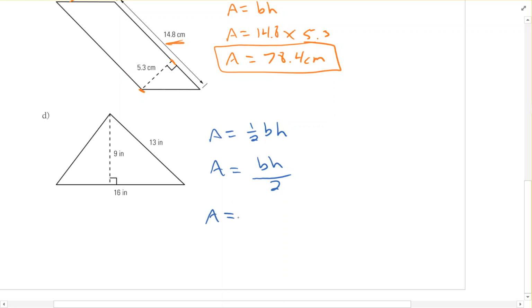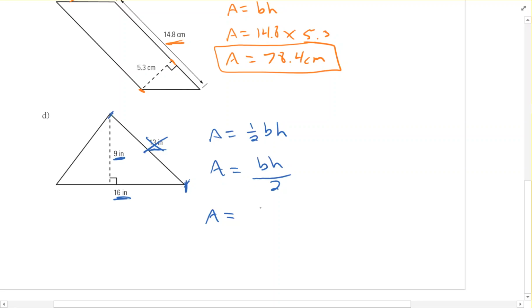Okay, so let's go area is equal to. Now the base of this one is going to be here, right? And the reason why I chose that as my base and not this one is because I don't know what the height is. If I choose 13 as my base, I don't know what the height is from like there to there, right? But I do have a height of 9 if I choose 16 as my base. So we don't need this 13 at all.